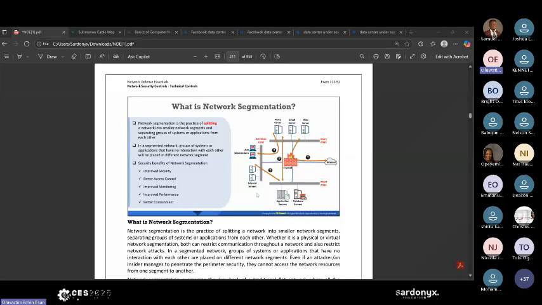One, segmentation makes your network more secure. That means that if an attacker is able to gain access, he doesn't have access to all the resources if you segment. That means it's decentralized. But if you just centralize, that means if he has access to one, he has access to all. So, for example, if the accounting department is affected, it does not mean that marketing should be affected.